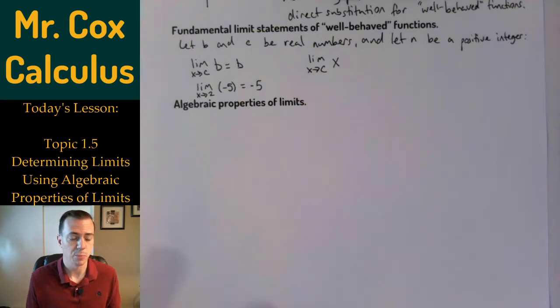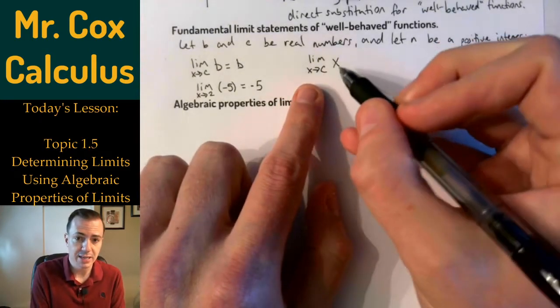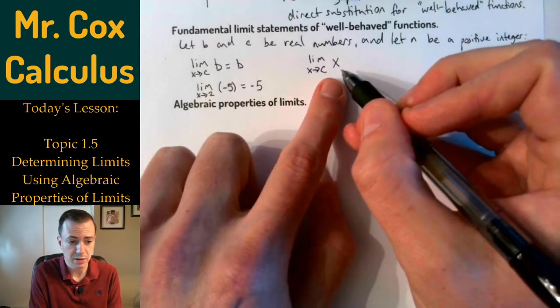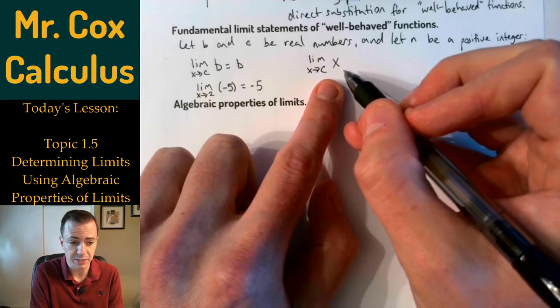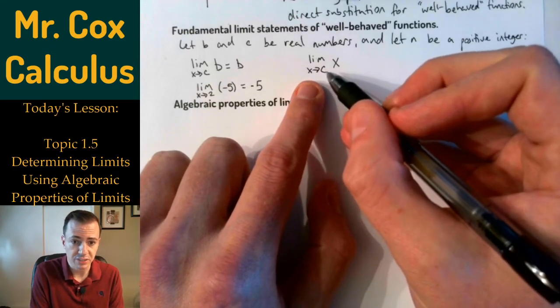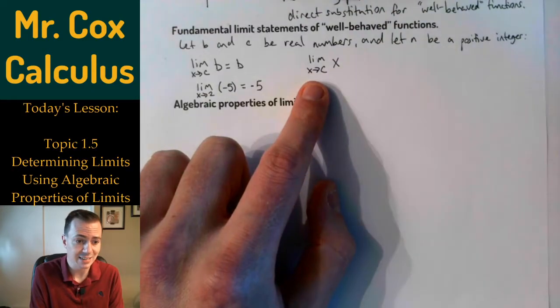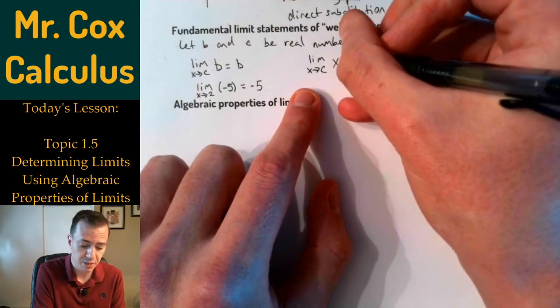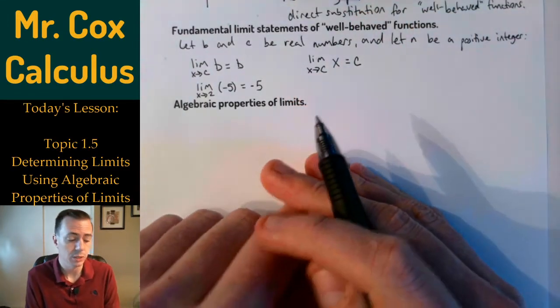And that's why you always saw points like (2, 2) or (-3, -3). So again, it doesn't matter whatever this C value is. If I'm just talking about the linear parent function y equals x, whatever value of C I'm approaching, I'm getting that same output back. So the limit as x approaches C of x is always equal to C.